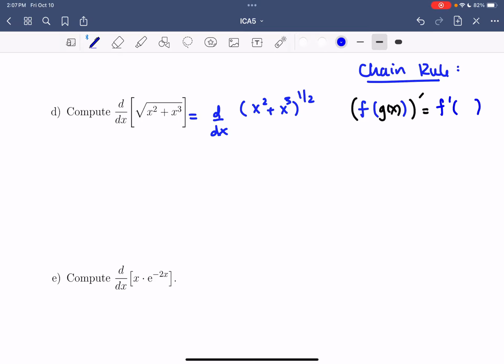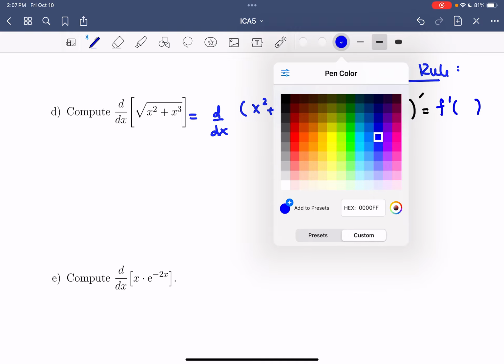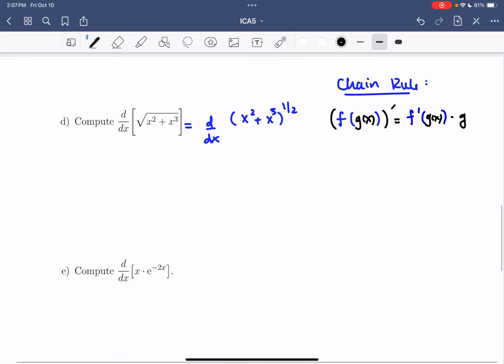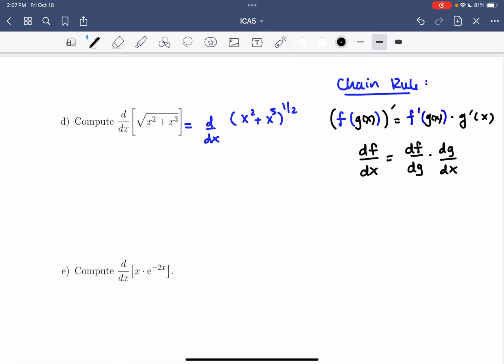You replace your variable with the whole function g of x, what I keep calling the baby function. And then you have to come back and multiply by the derivative of that baby function, okay? So this is sort of like saying if I'm taking the derivative of f with respect to x, I'm taking the derivative of f with respect to g, and then the derivative of g with respect to x, okay? That's what's actually happening.